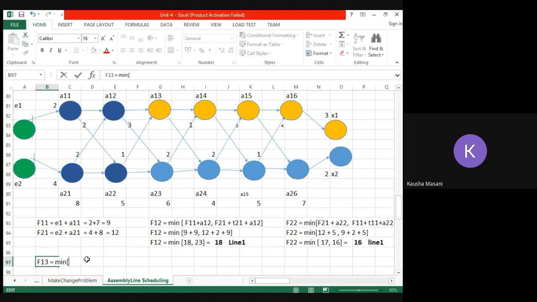Done, online students, both the values F13 and F23? Yes or no?